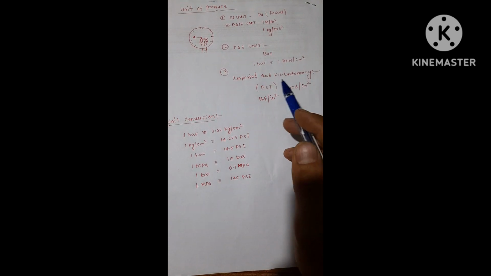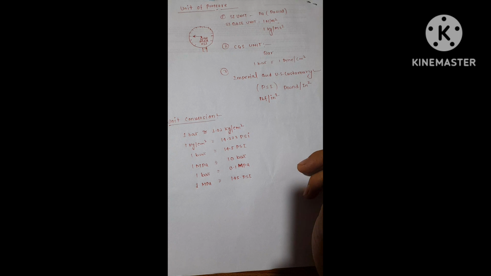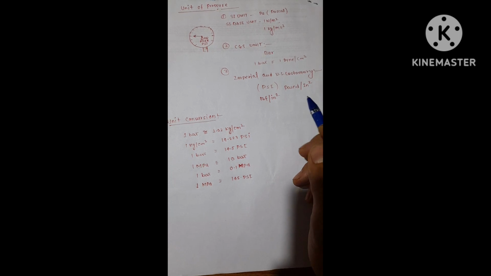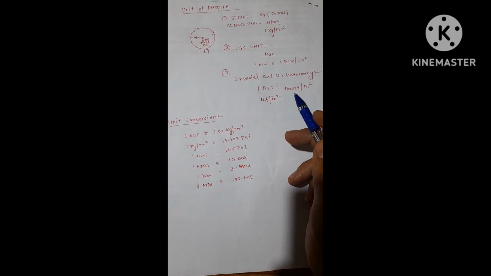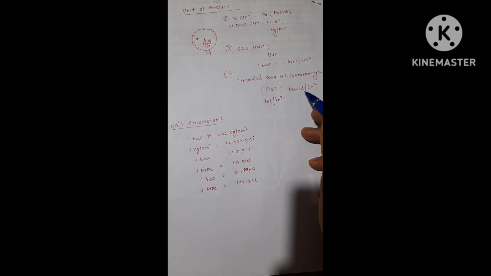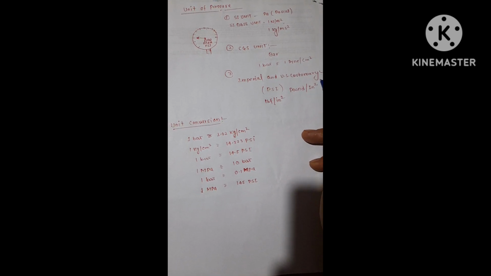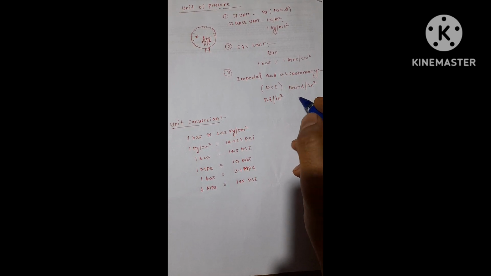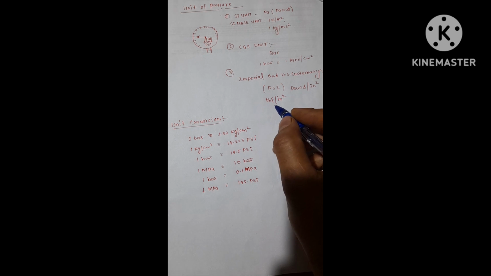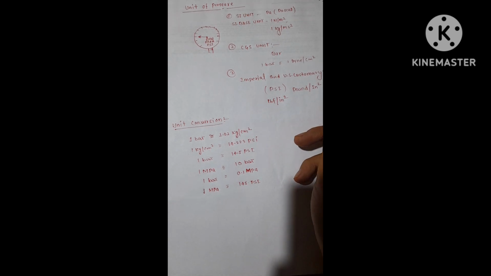This is called the imperial and US customary unit. PSI means pound per inch square, noted by lbf per inch square.